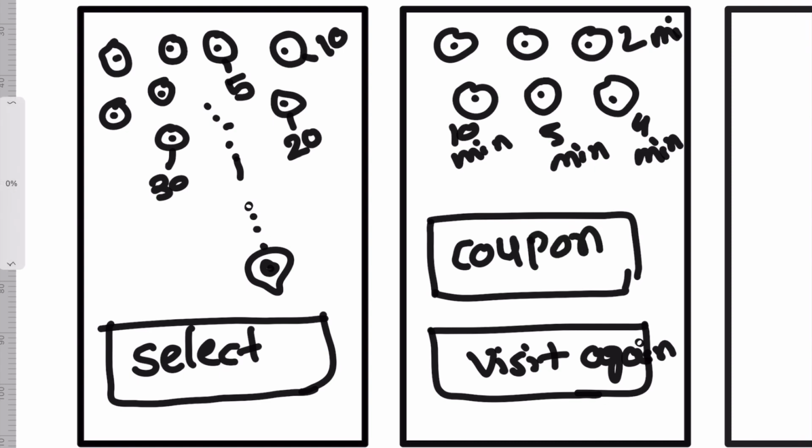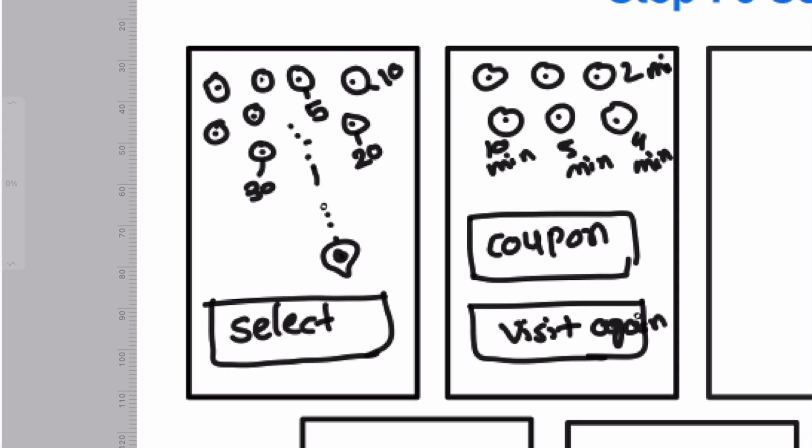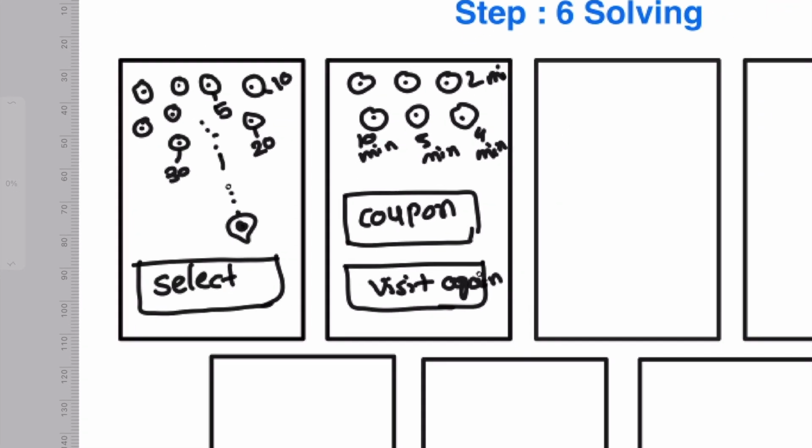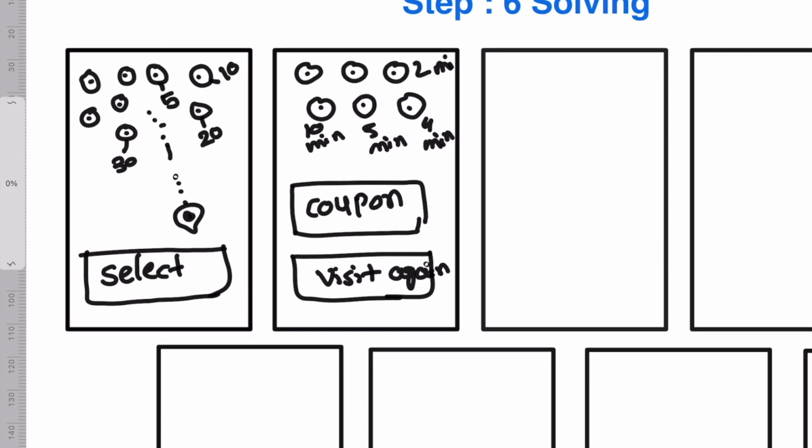Now we are moving to another one, which is creating a user profile. Why am I saying this?